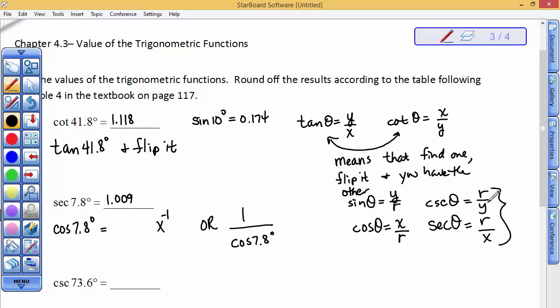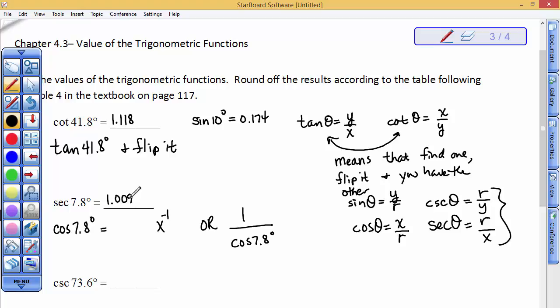Notice that the r value is the hypotenuse in a right triangle. The hypotenuse is always bigger than a leg, so the values for secant and cosecant will always be bigger than 1.